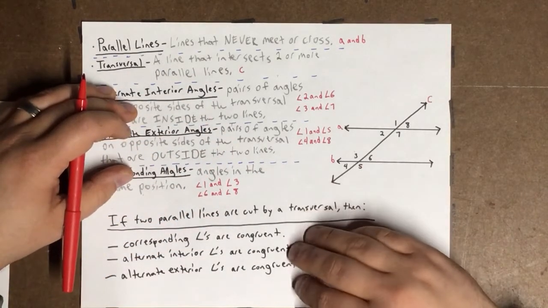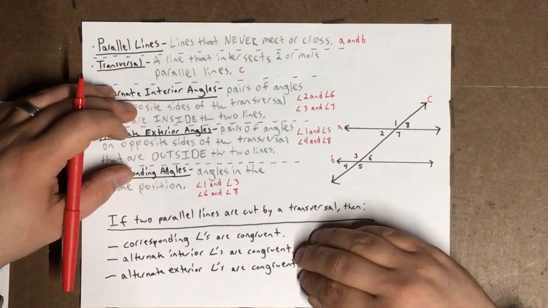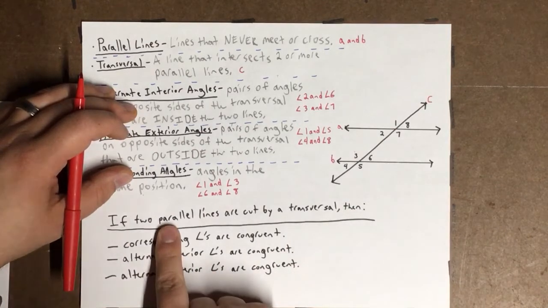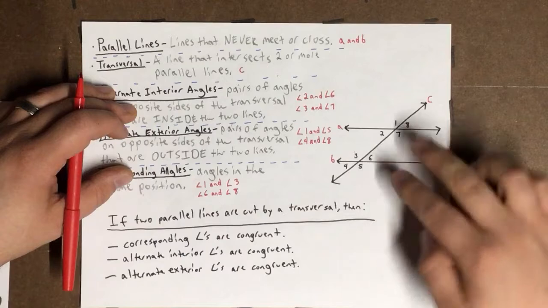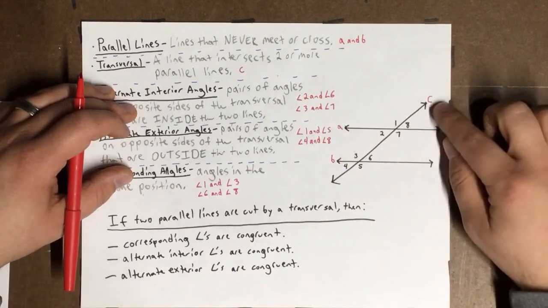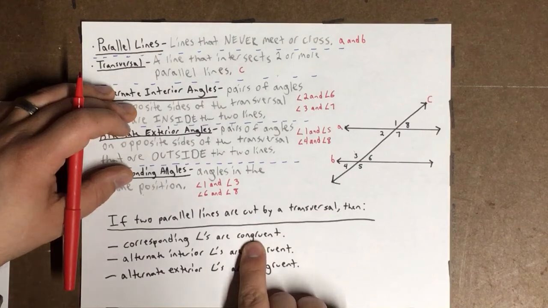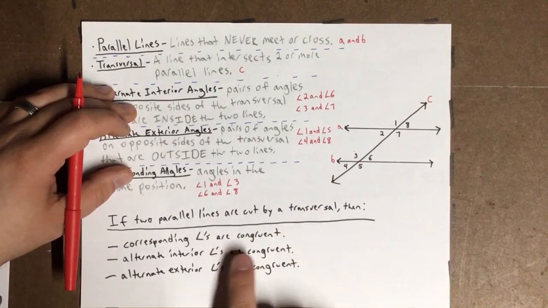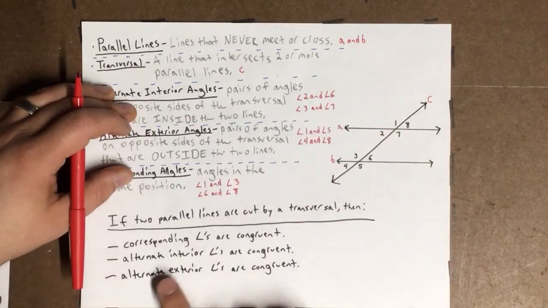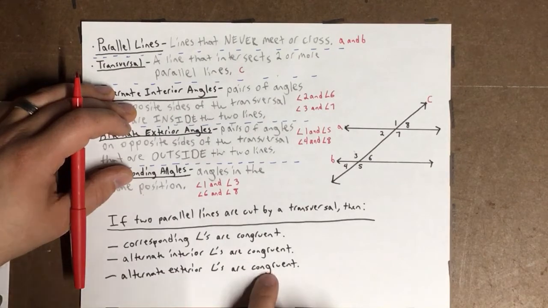Here are just some things to keep in mind that are going to make it easier to answer future questions. If two parallel lines are cut by a transversal, which means we have two lines like A and B, and they're cut by C, corresponding angles will have the same measurement. Alternate interior angles will have the same measurement, they'll be congruent, and same thing with alternate exterior, they will be congruent.